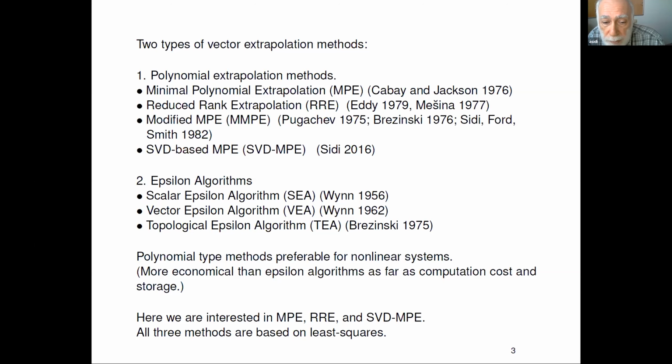They're much more economical than epsilon algorithms as far as computation and computer storage are concerned. What I want to talk about is MPE, RRE, and SVD-MPE, because these three methods all rely on the solution of least squares problems, and their algorithms can be unified in a certain sense, as I will show you later.